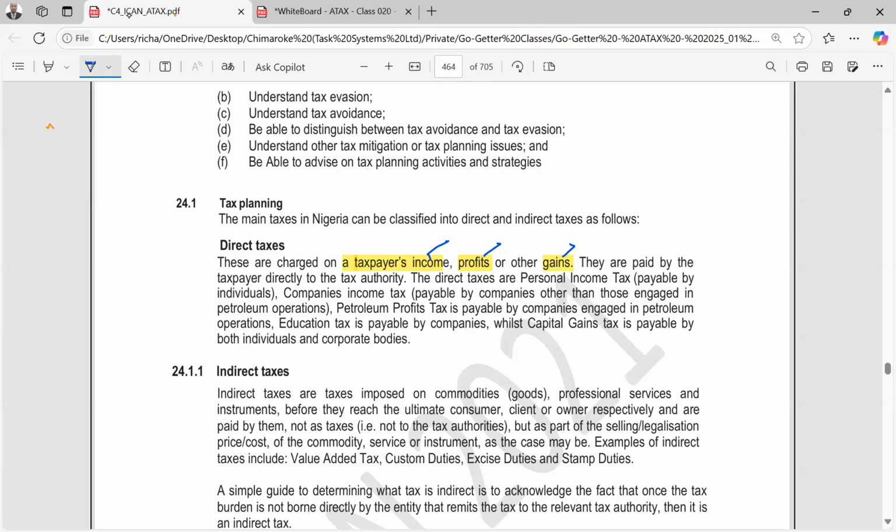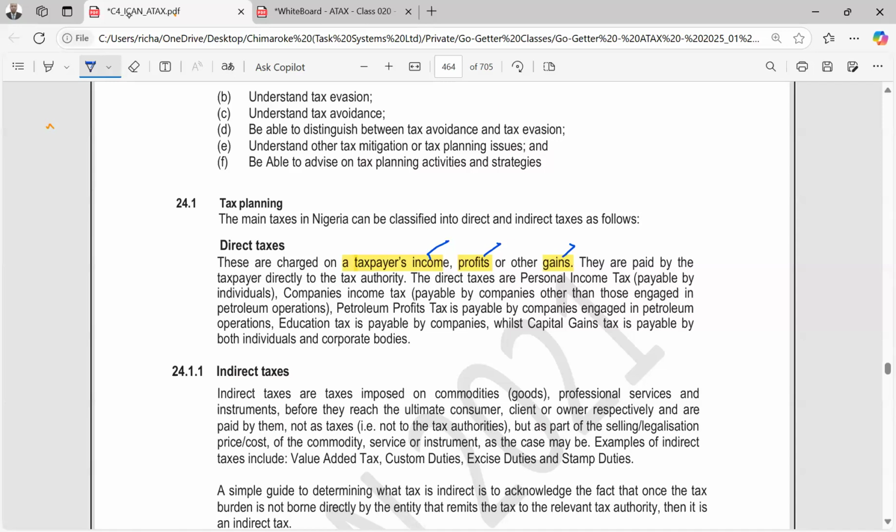If you are a businessman, your revenue is your income. Your salary, your take-home, is your income. What is profit? Profit is just the difference between your income and your expenses.